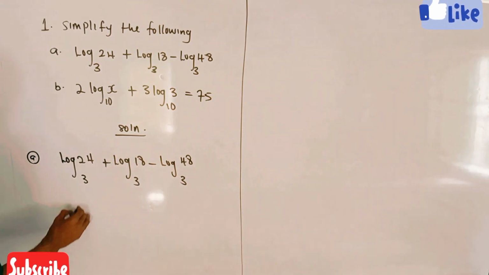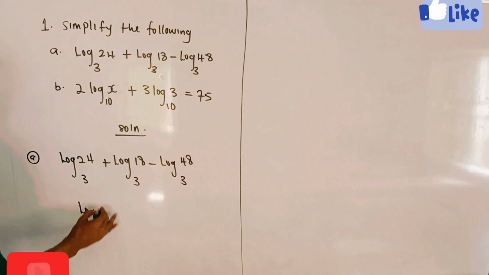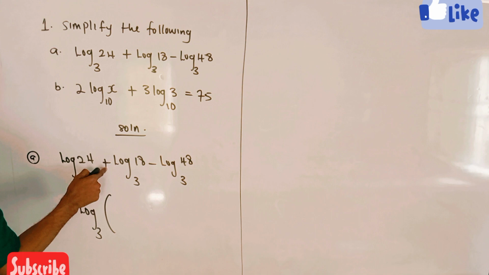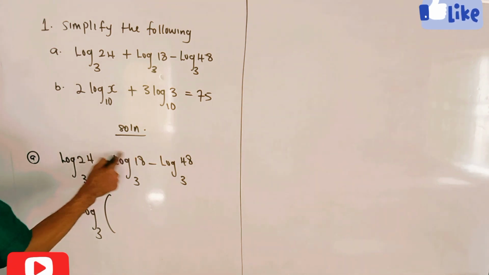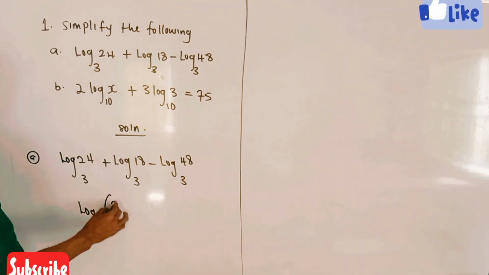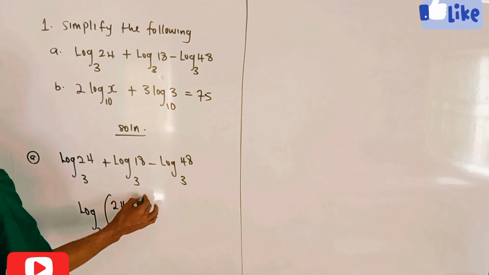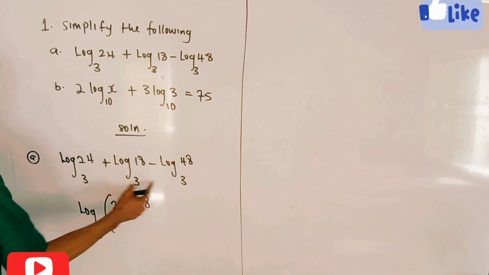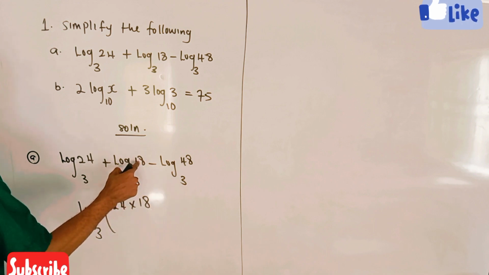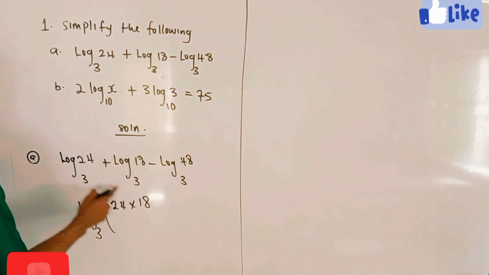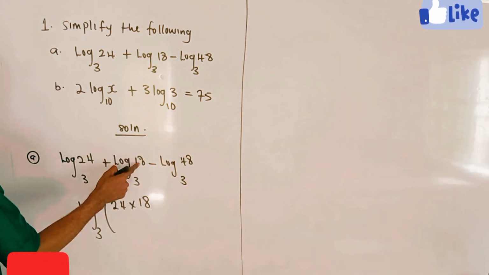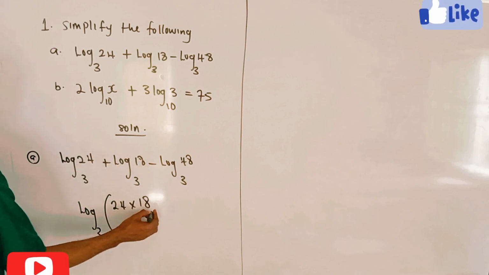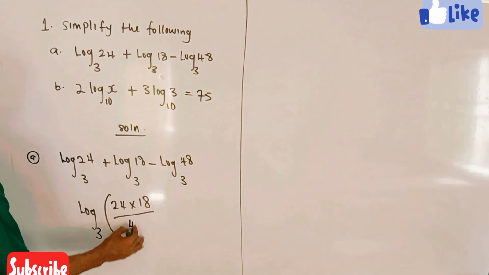The law says addition means you multiply the first two numbers, that's 24 multiplied by 18. A logarithm minus between two logarithms that have the same base means dividing the numbers involved. So because of the plus we multiply 24 by 18, then because of the minus we're going to divide everything by 48.